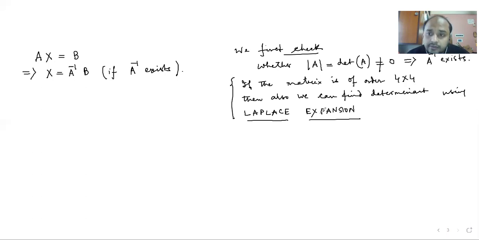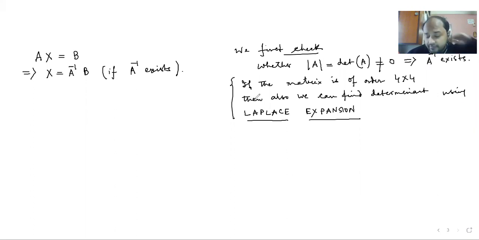Now, suppose I consider a matrix of higher order, a square matrix of order 5 or 6 or anything, a square matrix of order n. Then how can we tell about the determinant? The calculation becomes so complicated. It is not that the determinant of a square matrix of order n cannot be found.